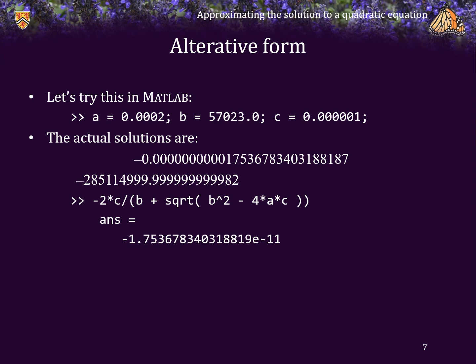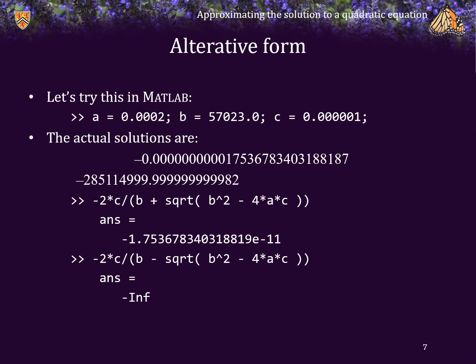Well, that's actually pretty accurate. All right, so let's try the larger of the two roots. Oh dear, that's worse than 100% relative error. That's an infinite percent relative error.